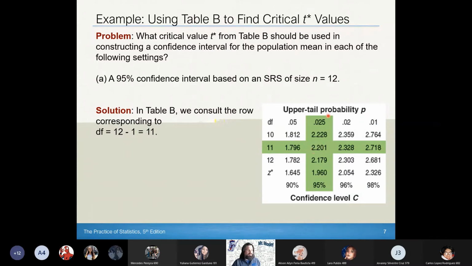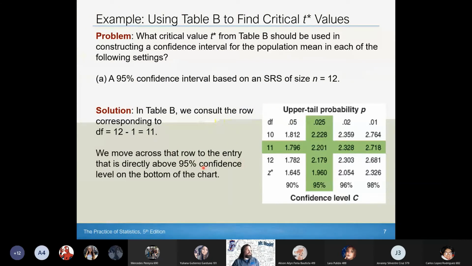Right. The top row actually tells us the proportion under the curve greater than the t value on the curve. I'll show you a picture of this in a moment. We move across that row to the entry that is directly above 95% confidence interval on the bottom of the chart.